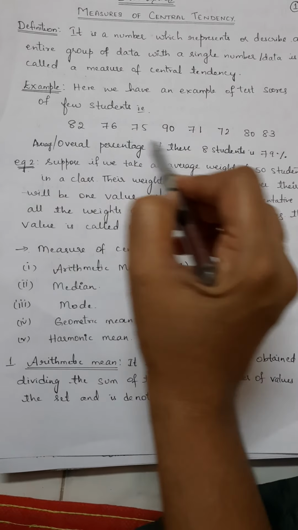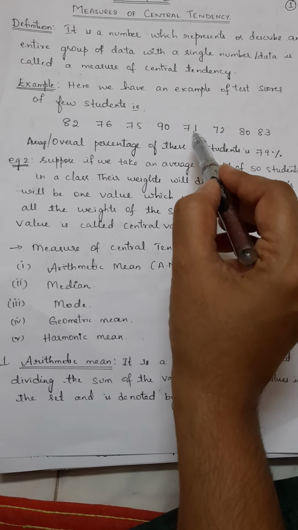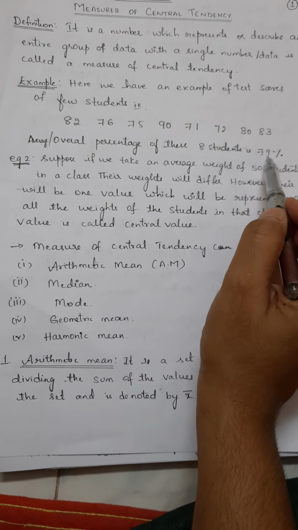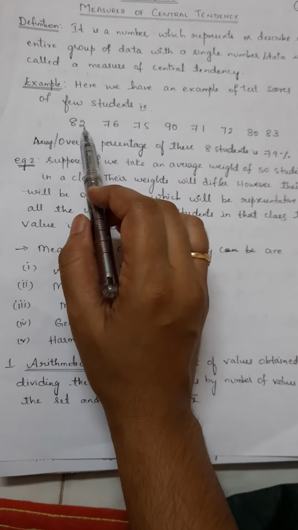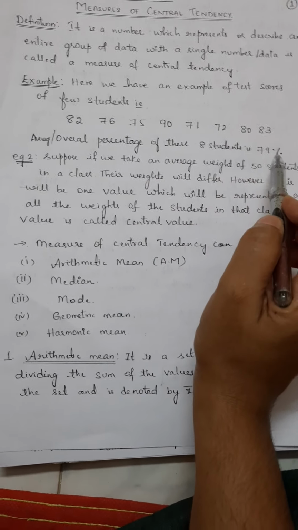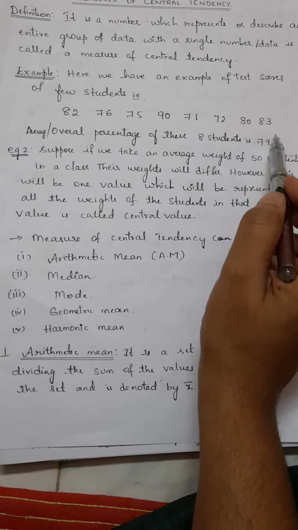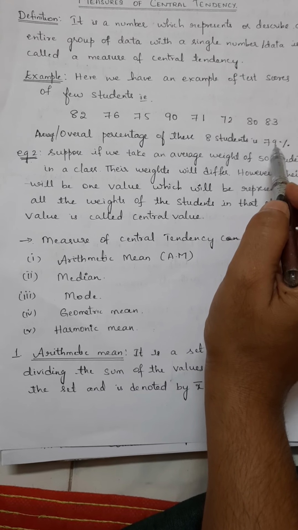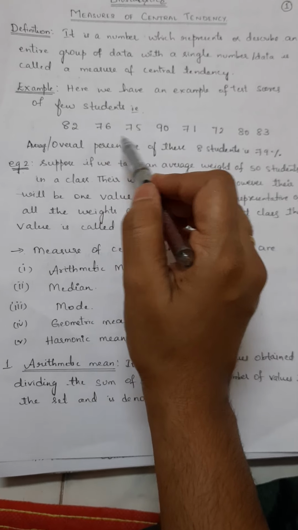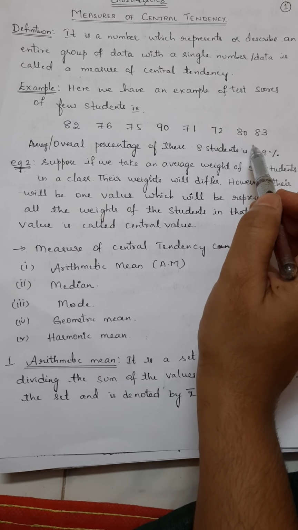If we take the average of these 8 students, the average percentage will be equal to 79%. If I add all these values and divide by 8, I'll get 79%. This is a single number which represents an entire group of data. This is nothing but a central tendency.